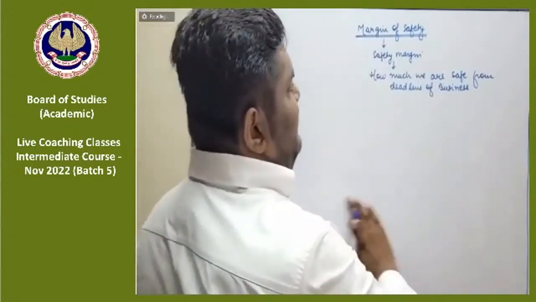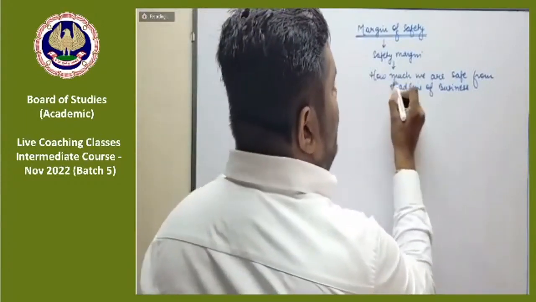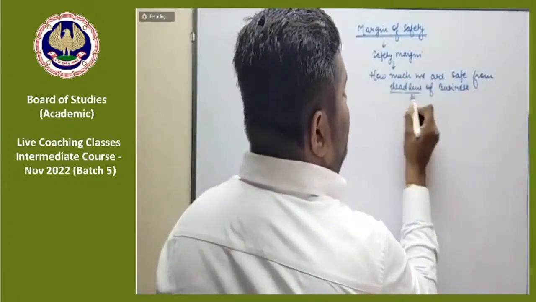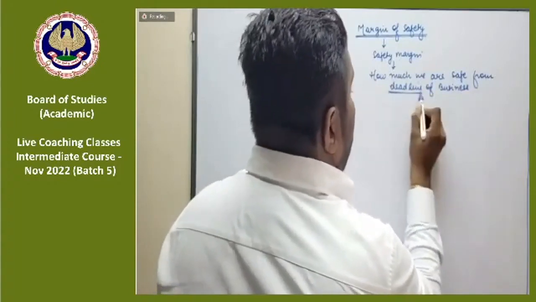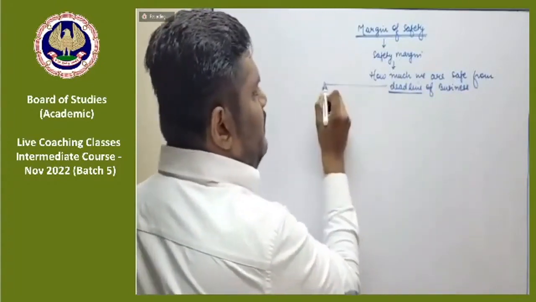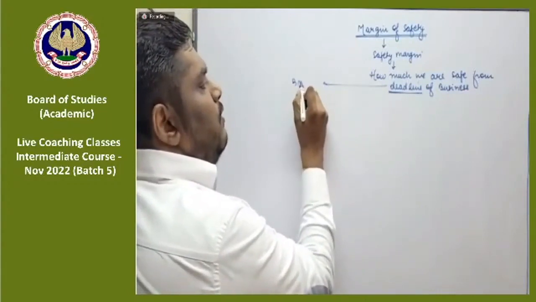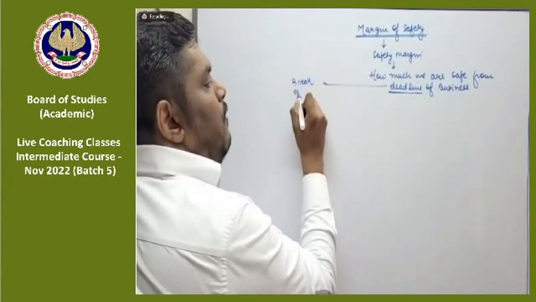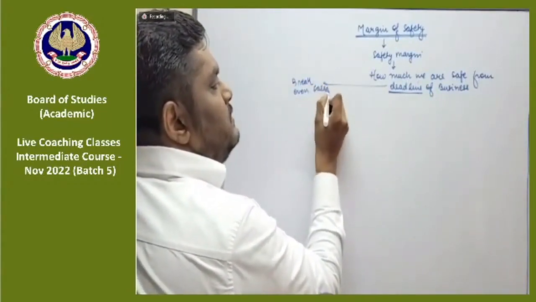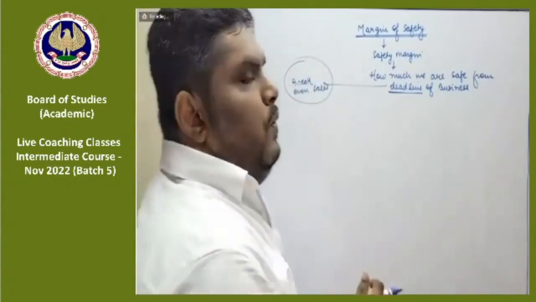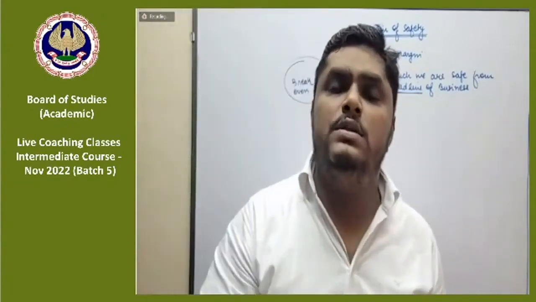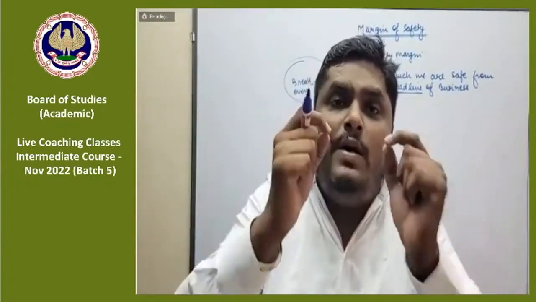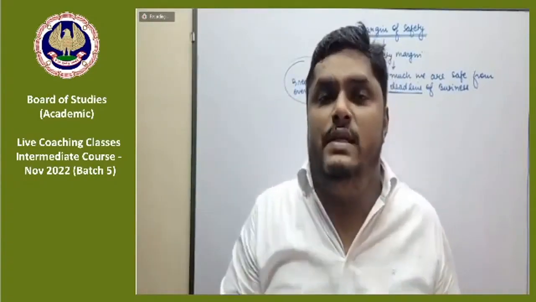So margin of safety or safety margin says how much we are safe from the deadline of business. When talking about deadline, it talks about break-even sales, that is how much you are safe from your break-even sales.